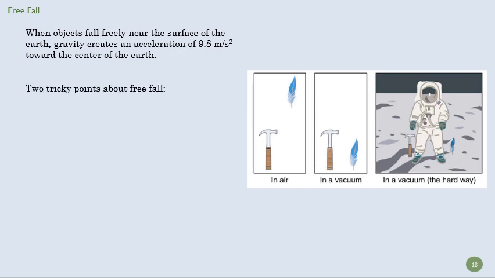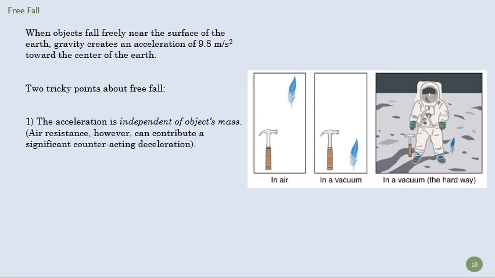All right, so a couple of things to remember about free fall. Acceleration, when we're doing these problems in kinematics, is independent of an object's mass. That seems counterintuitive to us, right? And it is, because essentially it's wrong on Earth. We do have air resistance.